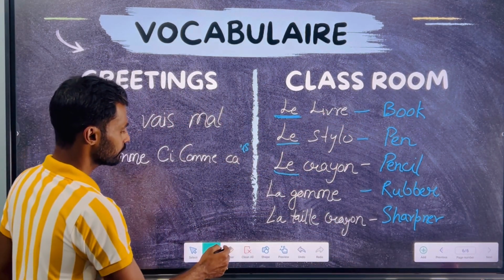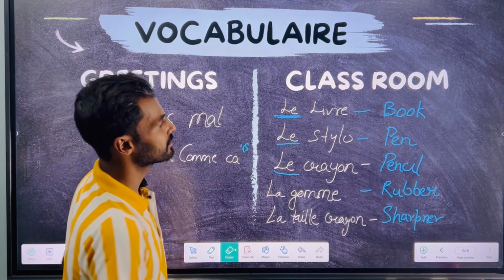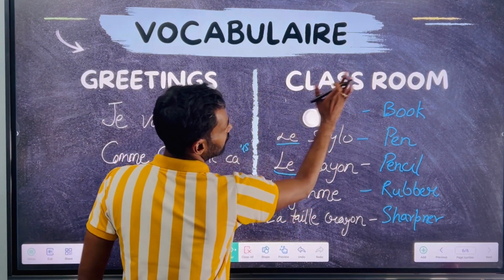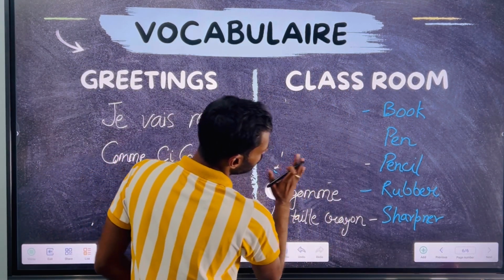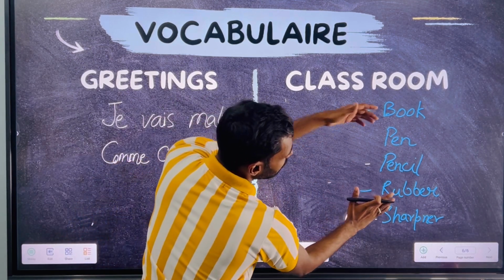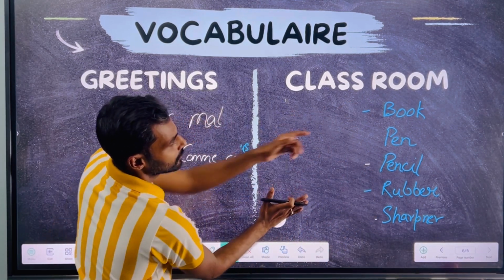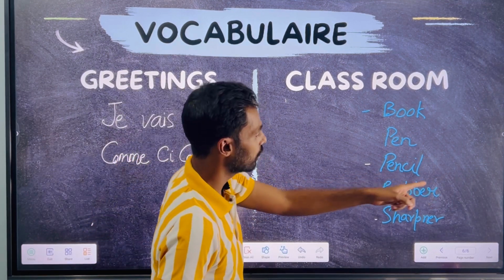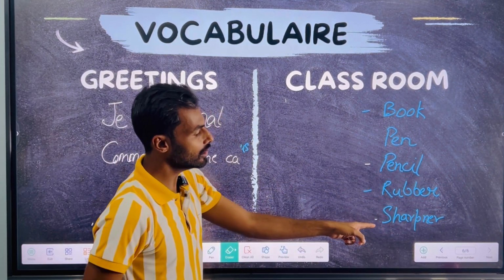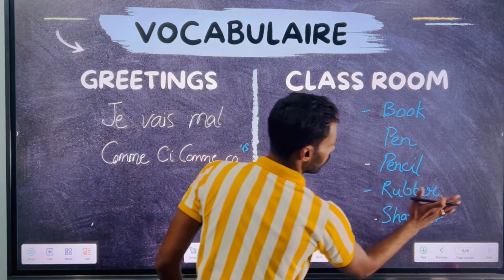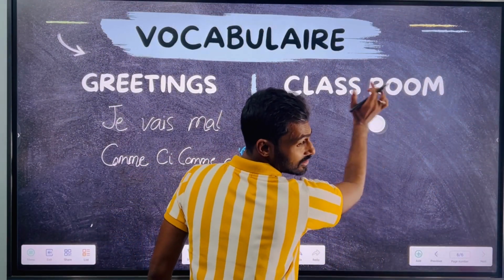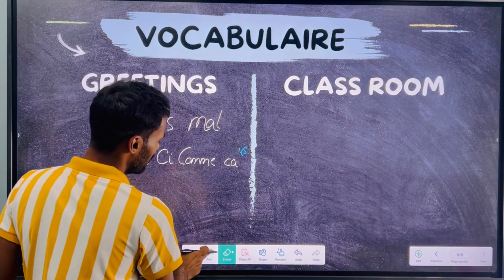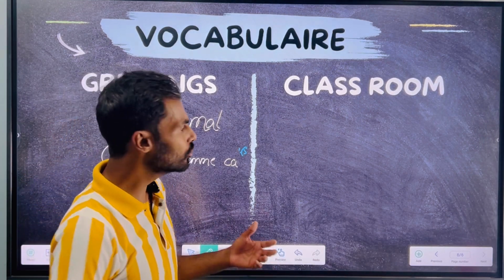Okay. So just revise. Le livre, le stylo, le crayon, le gomme, le taille crayon. So what else could be there in the vocab? Now let us do more vocab.